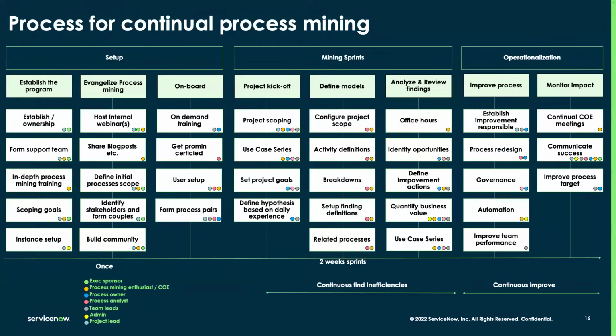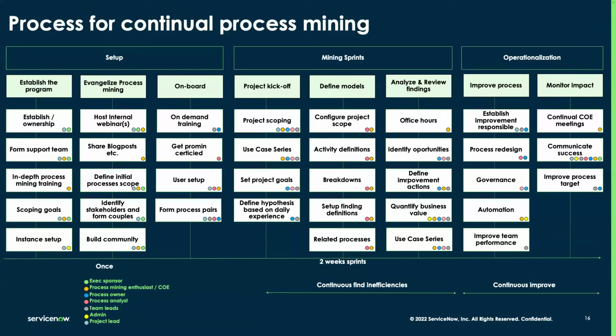This is a much more complex slide compared to what I just showed, but I definitely wanted to show it because it ties some of those roles we're talking about, like the executive sponsor, the process mining COE, the process owner, process analyst, the team leads, all the way down to the agents, honestly, how we might think about operationalizing the program at a much higher degree of detail.